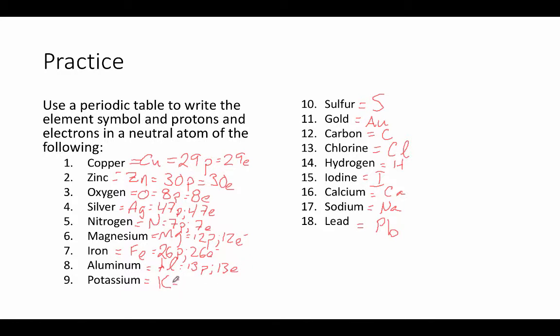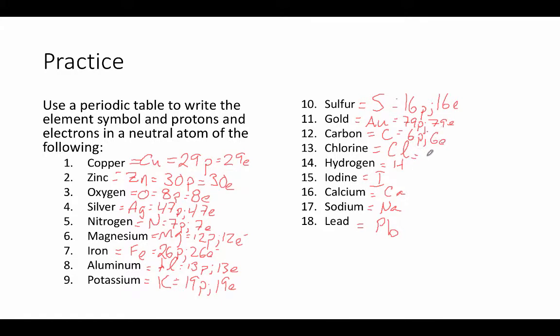Potassium is element 19, so we have 19 protons and 19 electrons. Sulfur is element 16, so we have 16 protons and 16 electrons. Gold is element 79, so we have 79 protons and 79 electrons. Carbon is element 6, so we have 6 protons and 6 electrons.